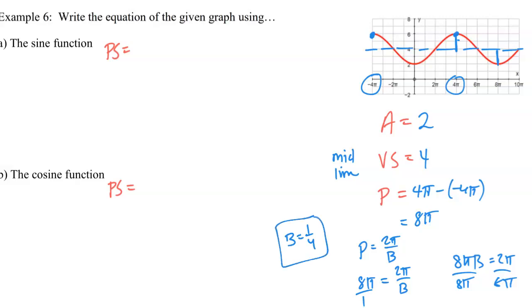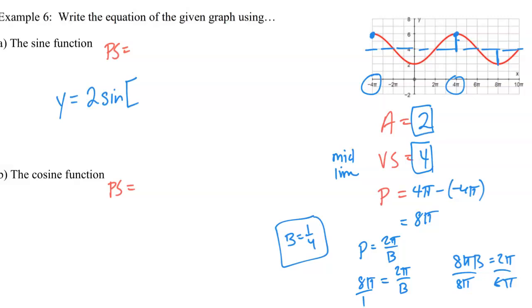Okay, so we have our b, we have our vertical shift, we have our amplitude. And so now for the sine function, I'm ready to essentially write this entire thing. This is going to equal y equals my amplitude, which is 2, sine of open bracket.